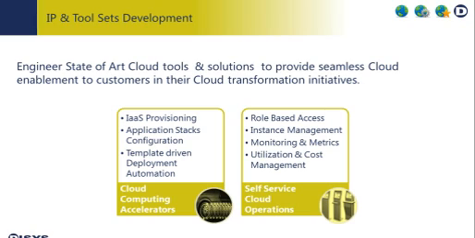So we have to be very careful when things become very easy to provision. There's always the ability to over-provision them. So you want to make sure that there are self-service cloud operations capabilities available to our customers so that they can control and manage those costs as well.